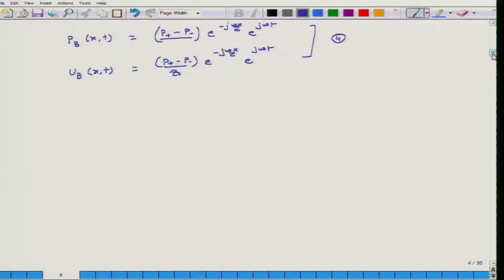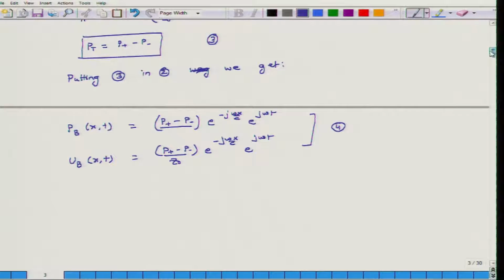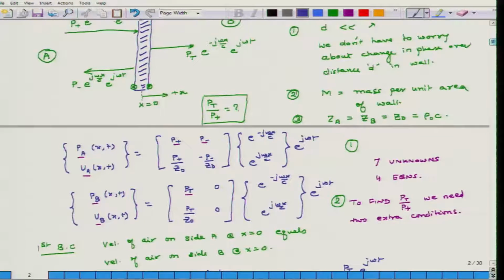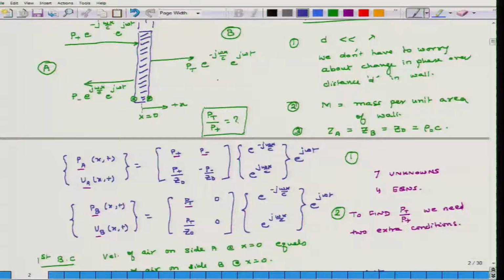In that process, yesterday we developed a relation for PB and UB in terms of P plus and P minus, where PB and UB are the complex pressure and velocity on the transmitted side, and P plus and P minus are magnitudes of the complex incident pressure and complex reflected pressure.